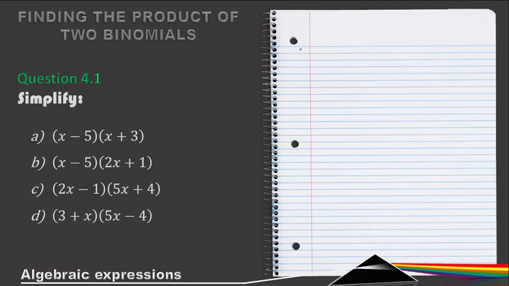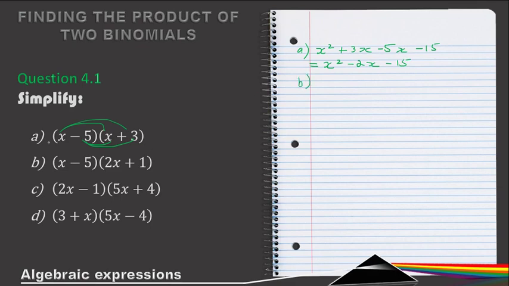Okay, so A is going to be multiplying these two will be x squared plus 3x, and then multiplying these two is minus 5x minus 15. Then just simplifying it, I have x squared minus 2x minus 15.